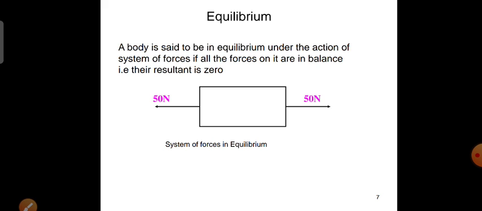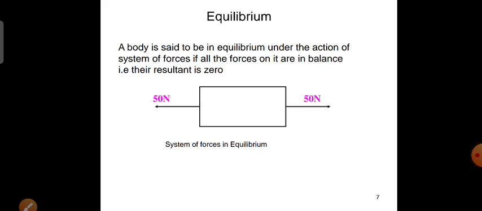So that means, whenever you apply any force on a body, for example, a body in a stationary condition, because of that force, that stationary body may be in linear motion. That means it may be in moving condition. So that movement is either linear motion or that body may rotate, that means rotational motion.